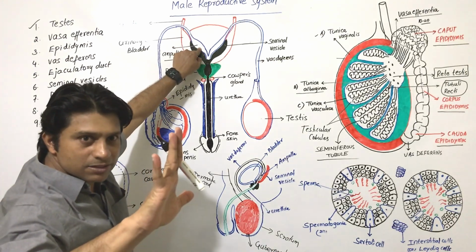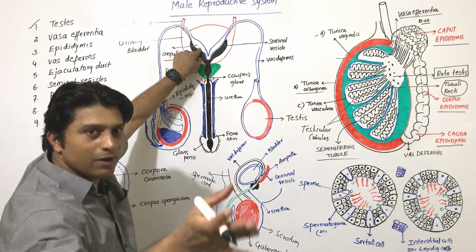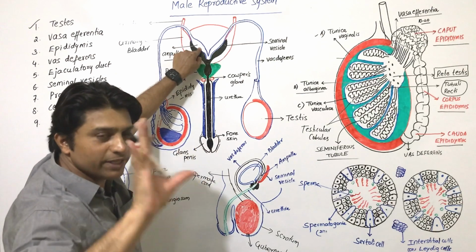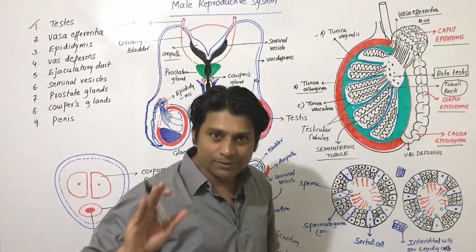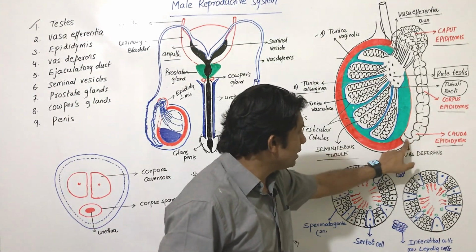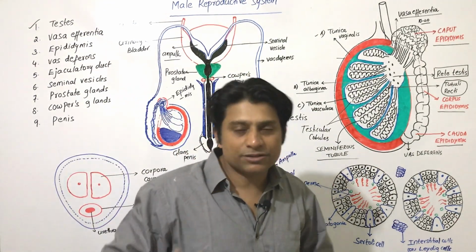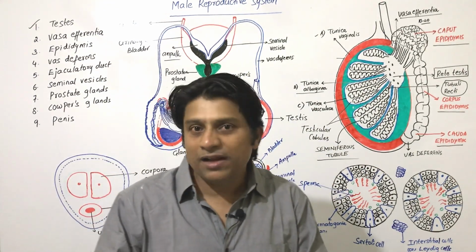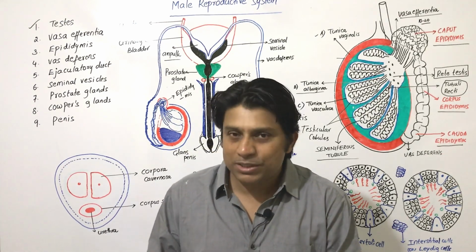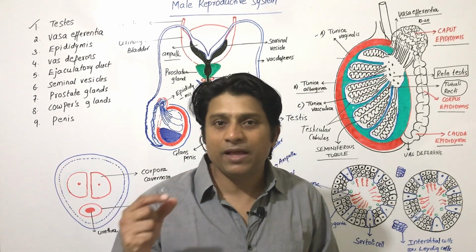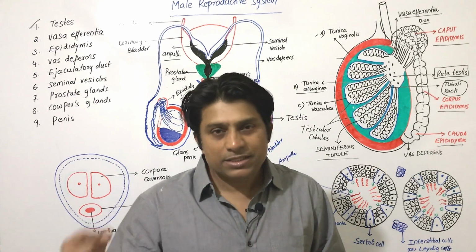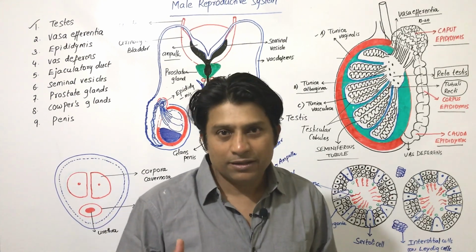We'll stop here for a while and come back. Now let us find out a few things. The wall of the epididymis, as well as the vas deferens, is lined by two layers: the epithelium on the inside and circular muscle on the outside.